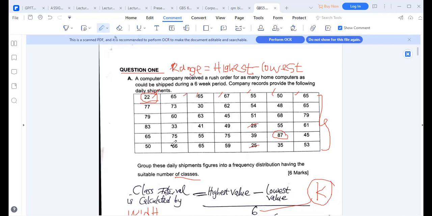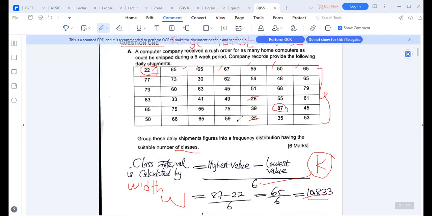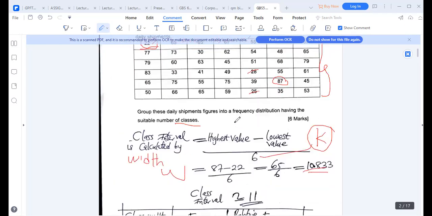So from looking at these numbers, there are supposed to be 4 of them. So we have 22 to 32.